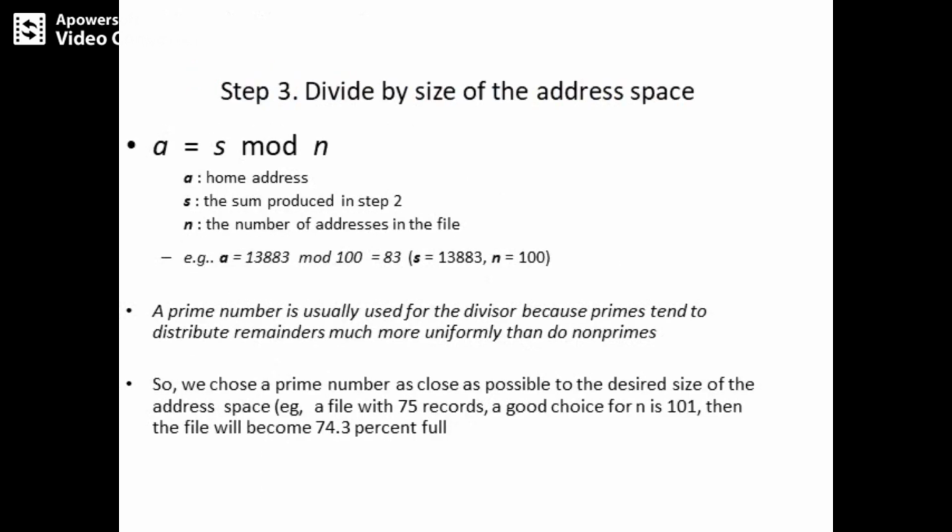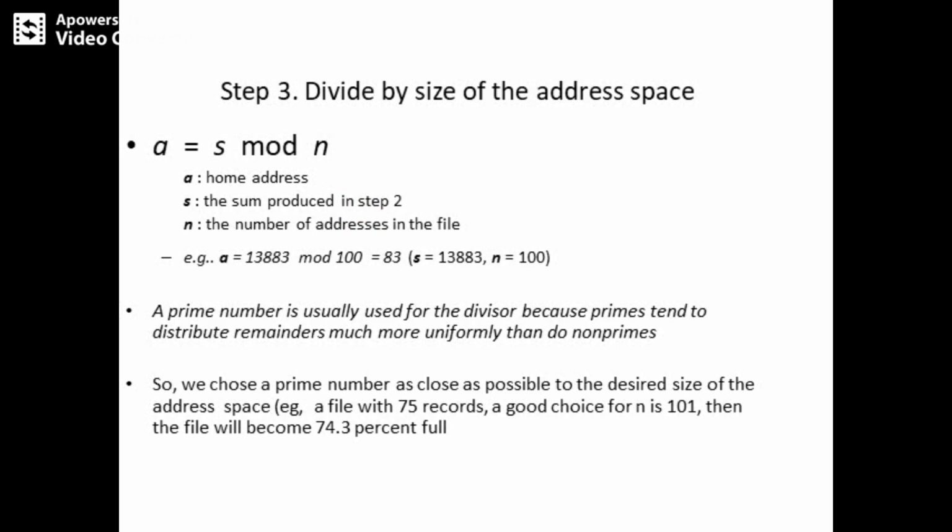Now what is the third step? In the third step, you divide by the size of the address space. I have a formula A = S mod n, where A is the home address, the actual address you are going to find out, S is the sum produced in step 2, and n is the number of addresses in the file.